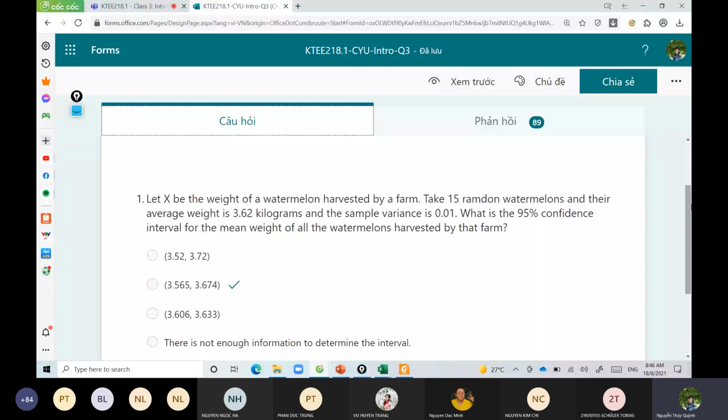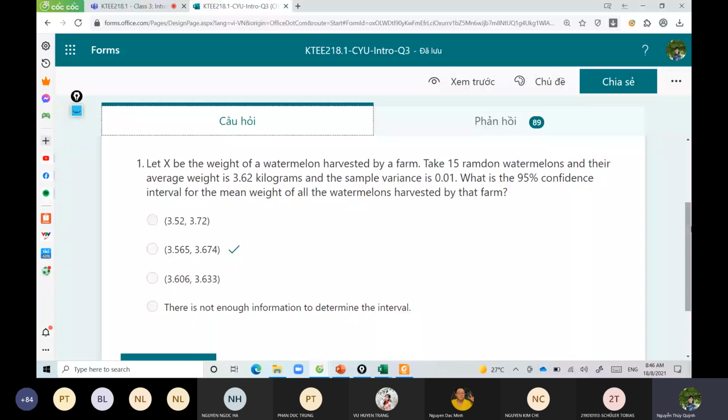We take 15 random watermelons, and the average weight is 3.62 kilograms. The sample variance is 0.01. What is the 95% confidence interval for the mean weight?